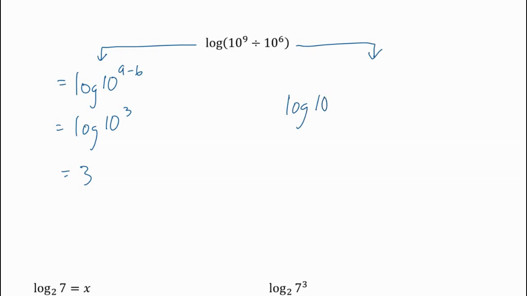Log base 10 of 10 to the 9, some unknown operation, log base 10 of 10 to the 6. Log base 10 of 10 to the 9 is 9. Log base 10 of 10 to the 6 is 6. And we know it has to equal 3. So what's this mysterious mathematical operation that relates 9 and 6 and gives us 3? Again, it's obvious. Subtraction.